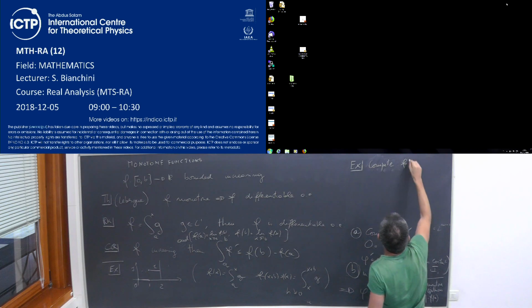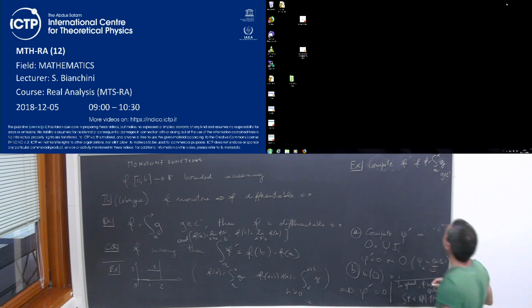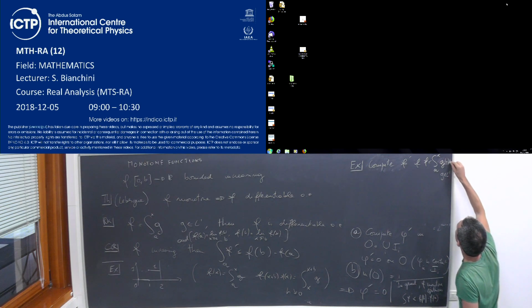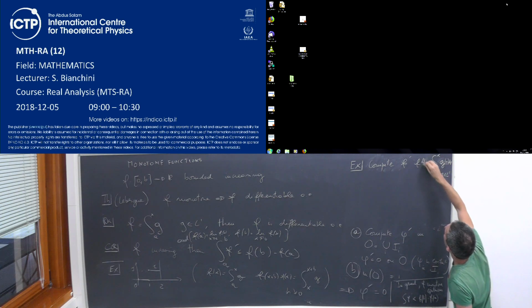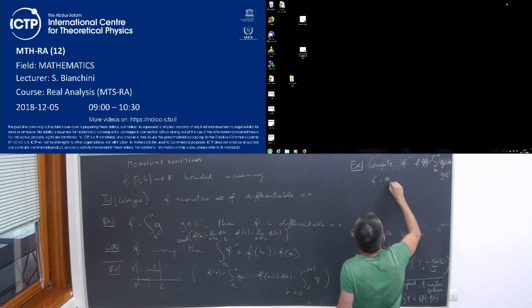Compute f prime if f is the integral of g, and g is in L1. The derivative is computed for each point x. So f prime is equal to g of x. Yeah, exactly. But you have to prove it, no? That's the answer, clearly.